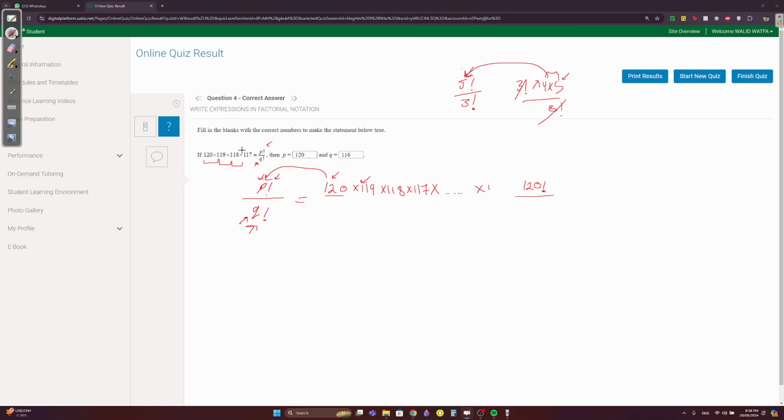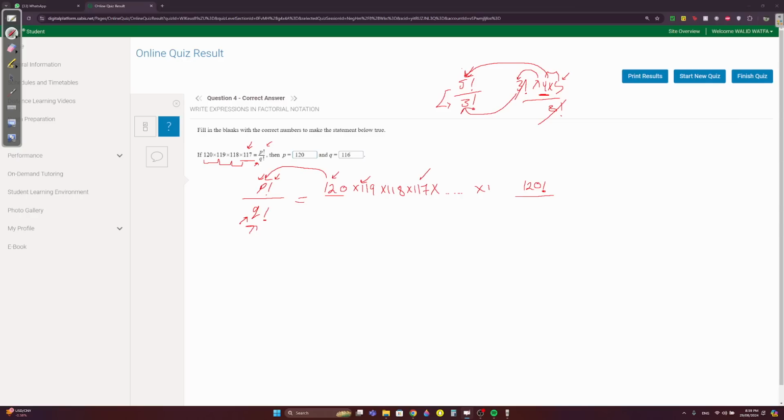We stopped over here at 117. Let's look at our example of 5 factorial divided by 3 factorial. The number we stopped at is 4. What was before the 4? It was 3 factorial, and isn't that 3 factorial what is down here? Yes.